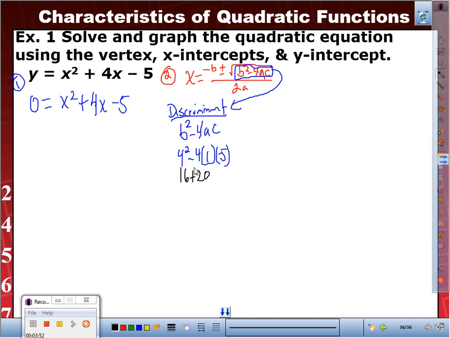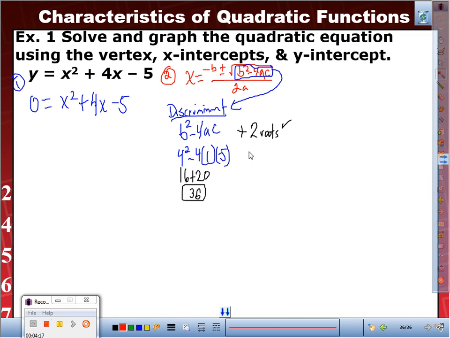So 16 plus 20, that's 36. So right now we're looking at the sign of this number. This number is a positive number. So whenever we end up with a positive number, we are always going to get 2 roots or 2 solutions. So according to what we just did, how many solutions are we getting? 2.